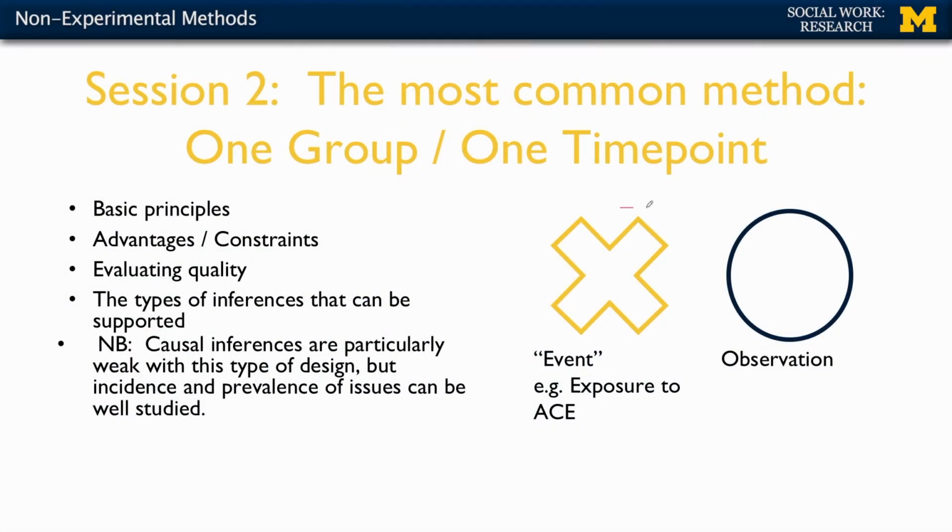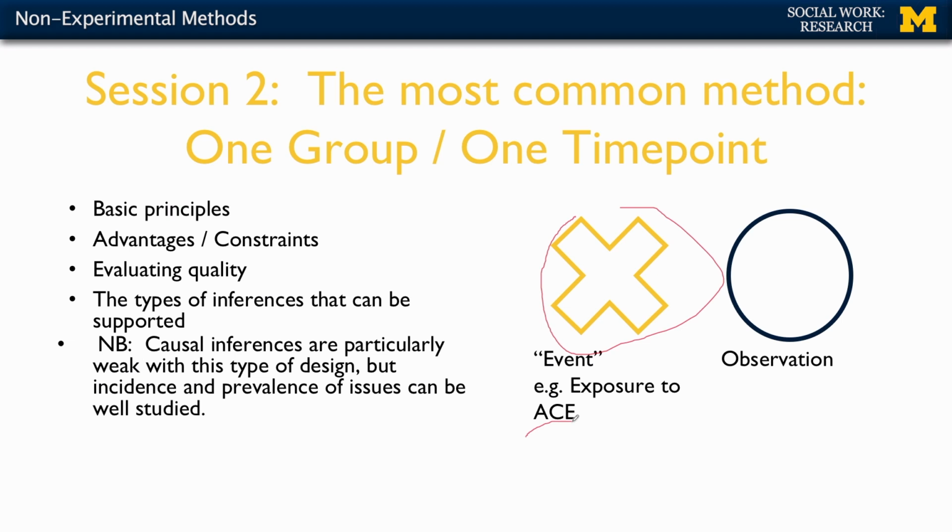So to begin, we're going to talk about perhaps the most common research design, what we call one group and one time point. So we think about some kind of event. In this notation, this X refers to some kind of event. And just as a practical or concrete example, I'm going to talk about these adverse childhood experiences, which get abbreviated to ACEs.